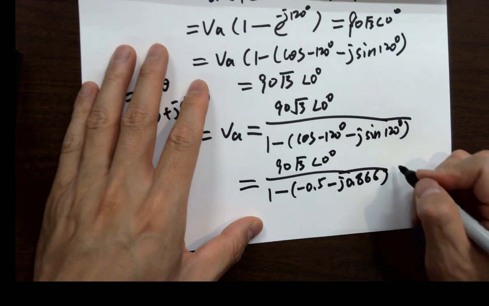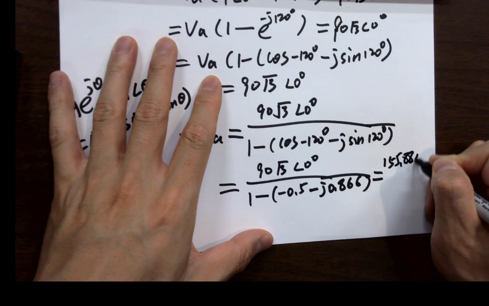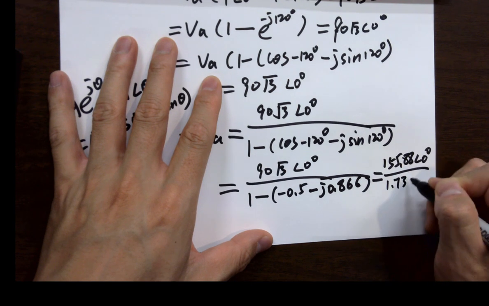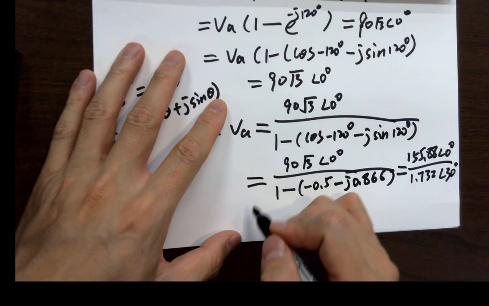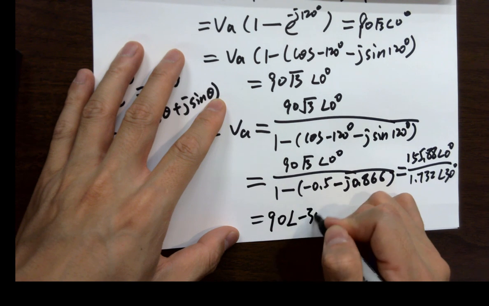Convert it to phasor form, and you're getting 155.88 at 0 degrees over 1.732 at 30 degrees, and this is giving you 90 at negative 30 degrees.